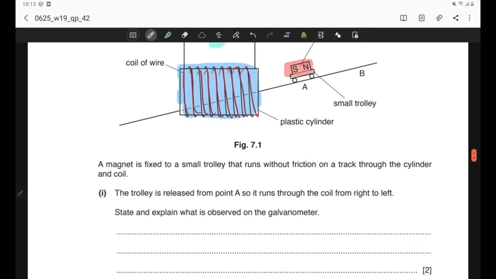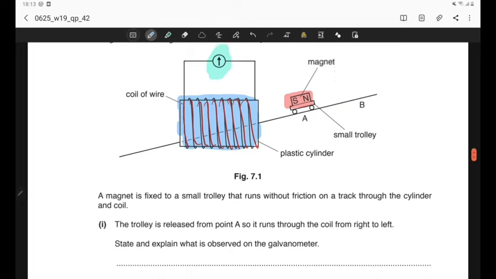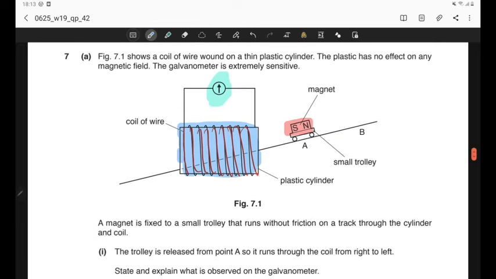Part 1. The trolley is released from A, so it runs through the coil from right to left. State and explain what is observed on the galvanometer. So let's look at this figure again. We have the magnet. As it is a magnet, there will be magnetic field lines around the magnet pointing from north pole to south pole.